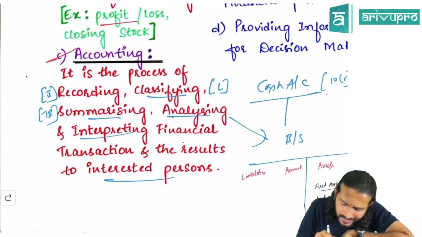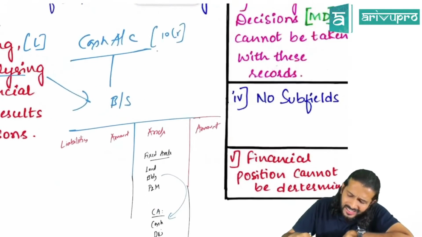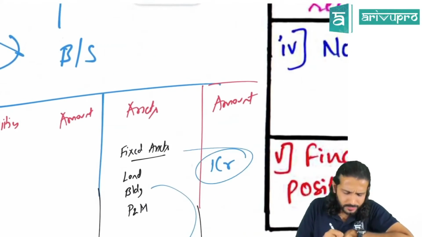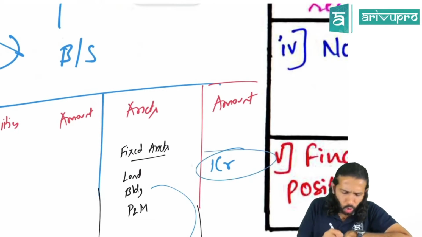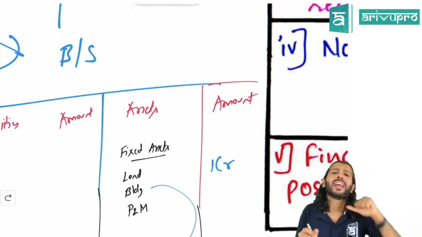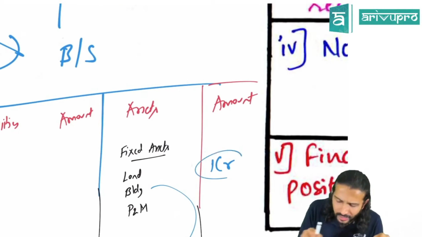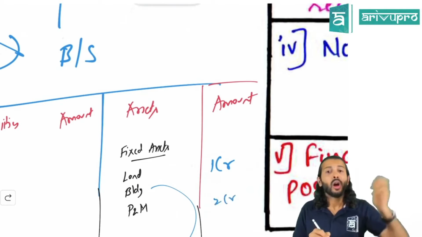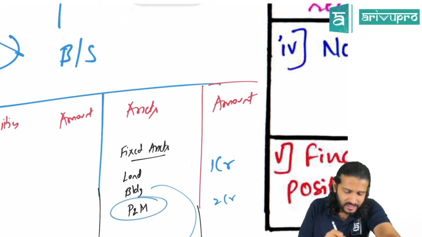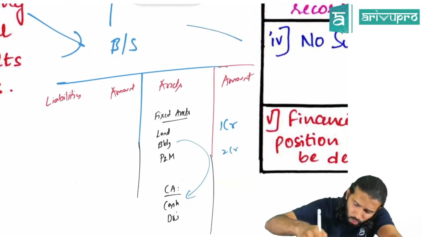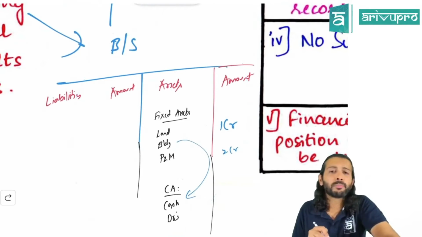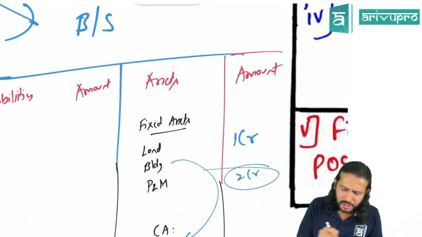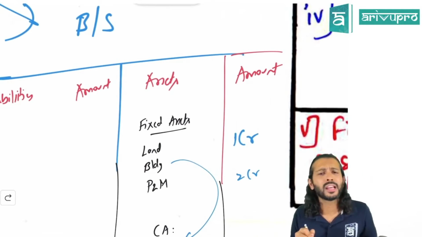So interpreting deals with this: if you write land and building 1 crore, will investors know how much land the company has, how much plant and machinery it has, and how they are depreciating it? Can you look at a balance sheet and conclude all this data? Just by looking at the balance sheet, can I tell how much land, building, plant and machinery the company has?